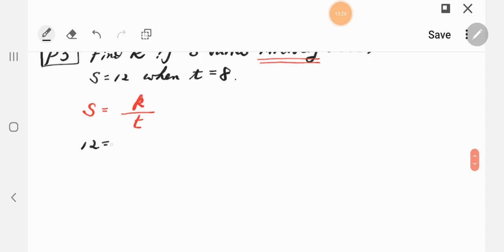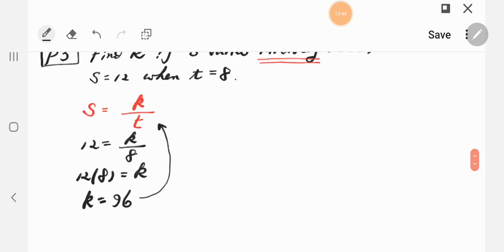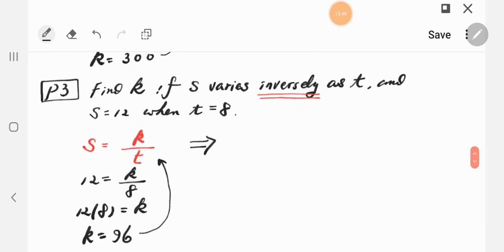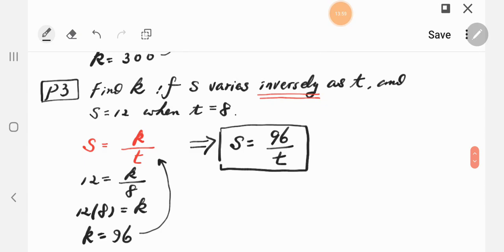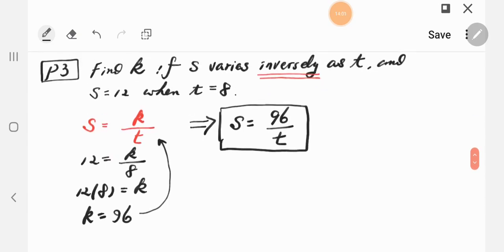Multiply each side by 8, then K is equal to 96. So put it back into the original equation: S is equal to 96 over T. This is the equation for this inverse variation.